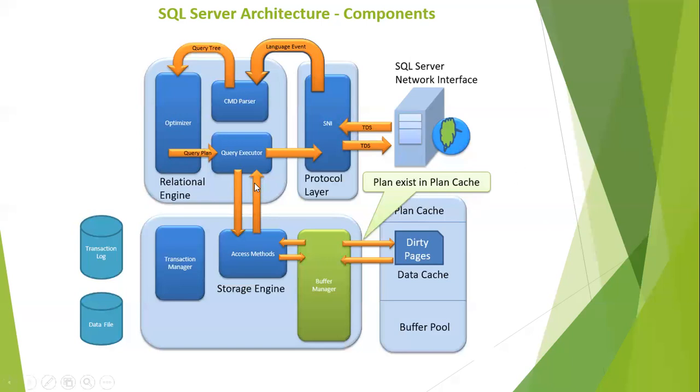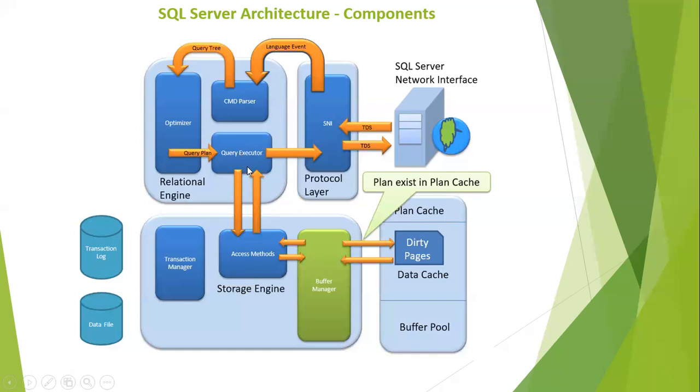Then the optimizer will send that execution plan, or query plan, to the query executor. The query executor is where the query is executed and the data is fetched for the client.